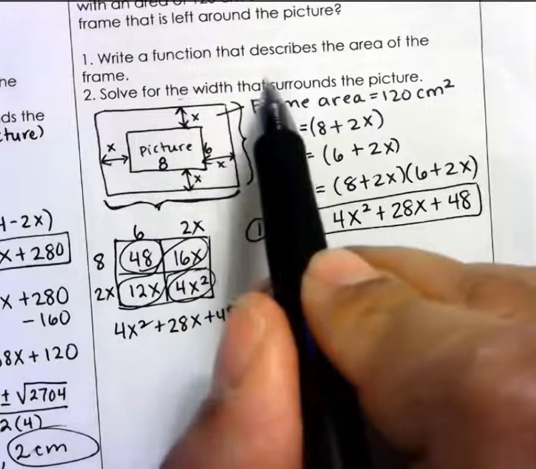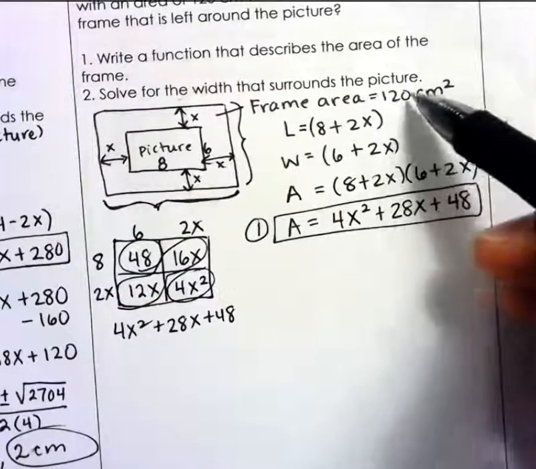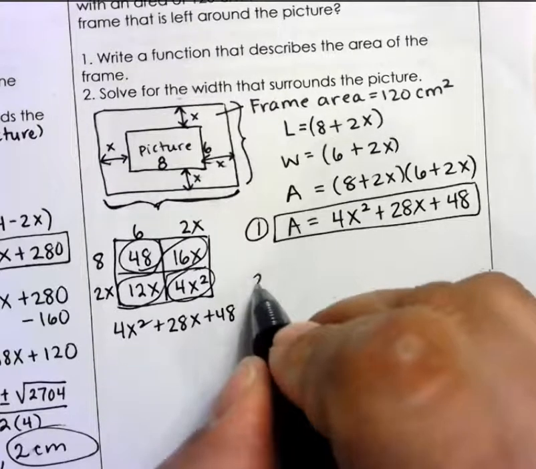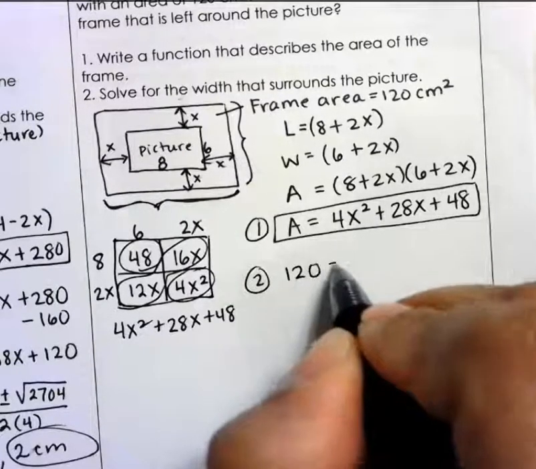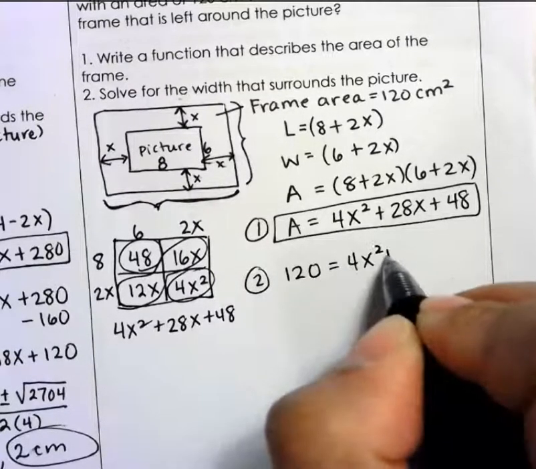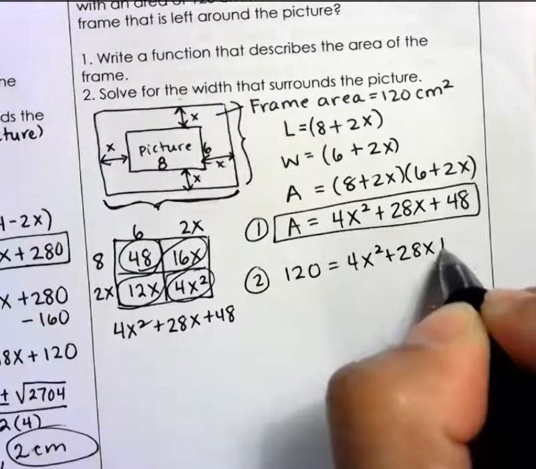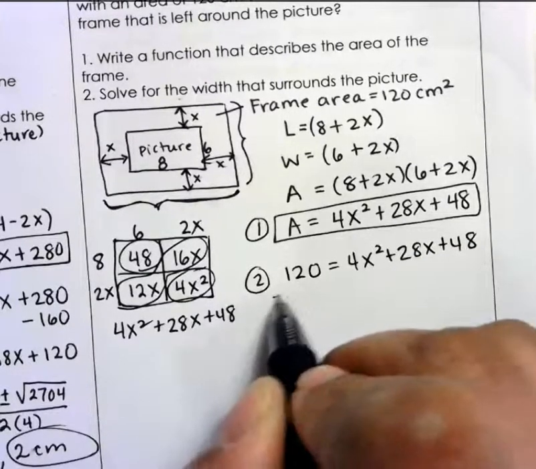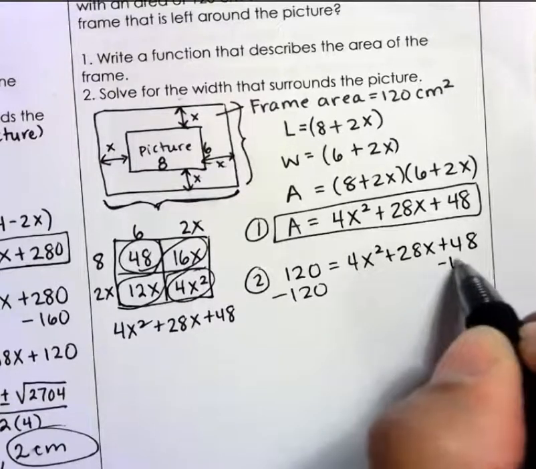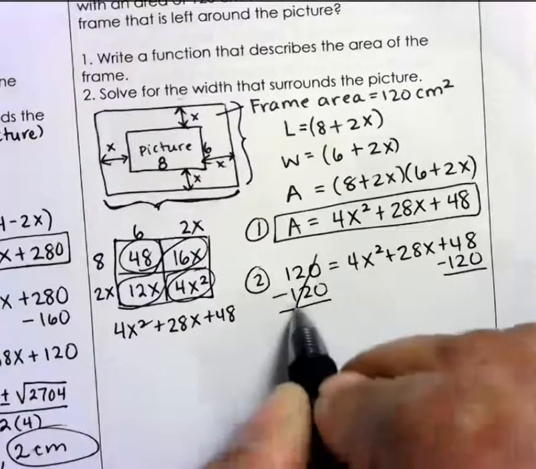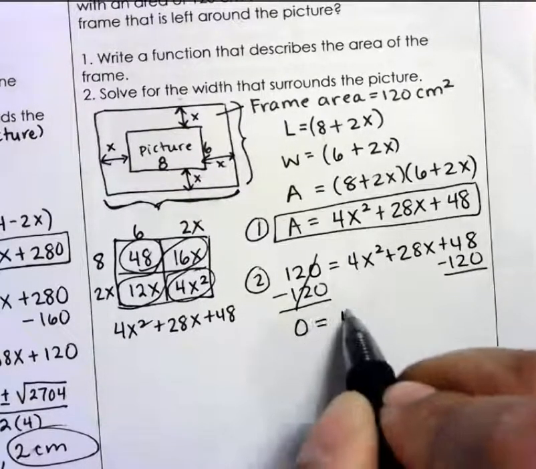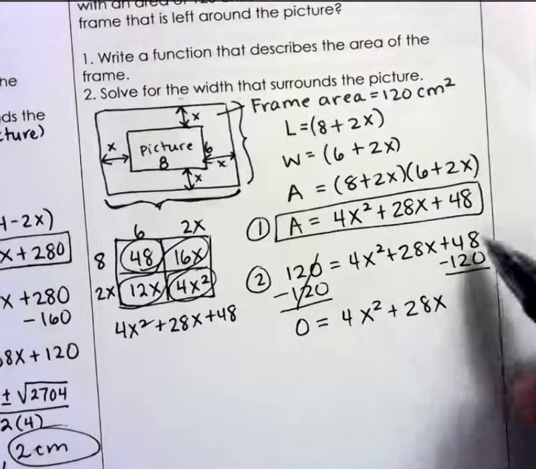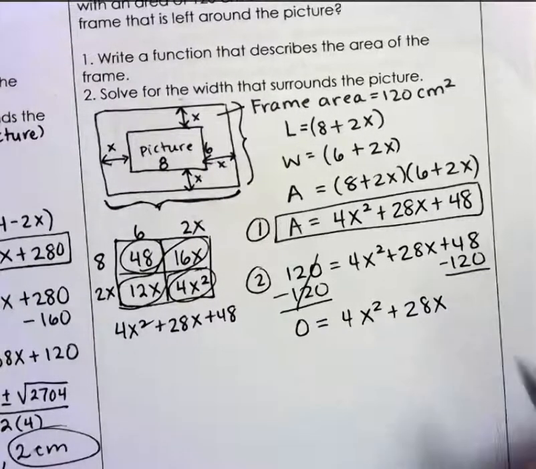Now we need to solve for the width that surrounds the picture, and this is when we're going to use the 120, because we know the area of the frame equals 120. So 120 equals 4x squared plus 28x plus 48. We have to make this side equal to 0, so we're going to subtract 120. 0 equals 4x squared plus 28x, 48 minus 120 is negative 72.